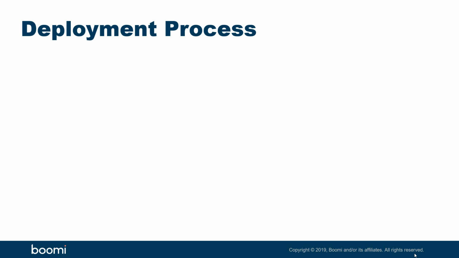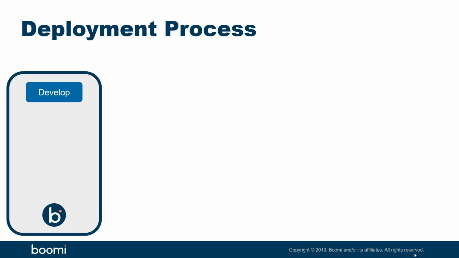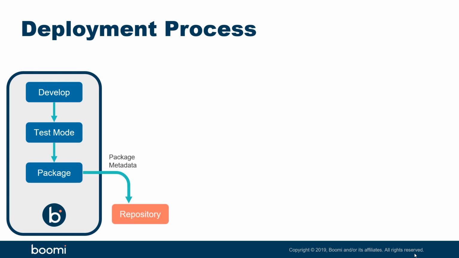Here, a developer would build the process in the platform, test the process or integration by running it in test mode, create a package deployment that is stored in Boomi's internal repository.